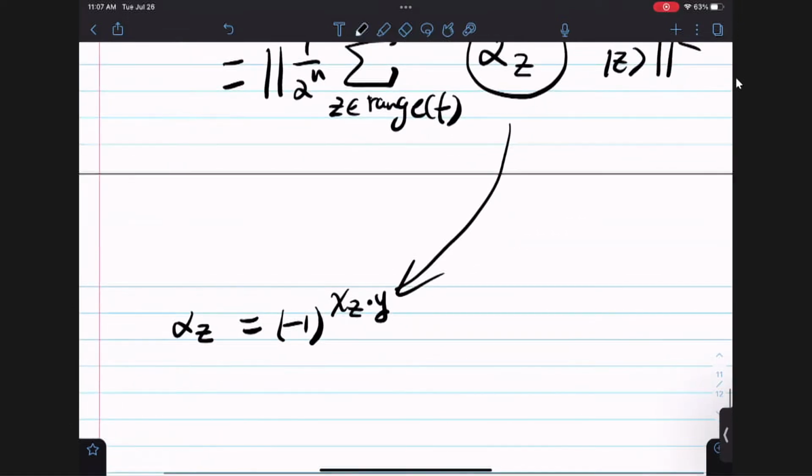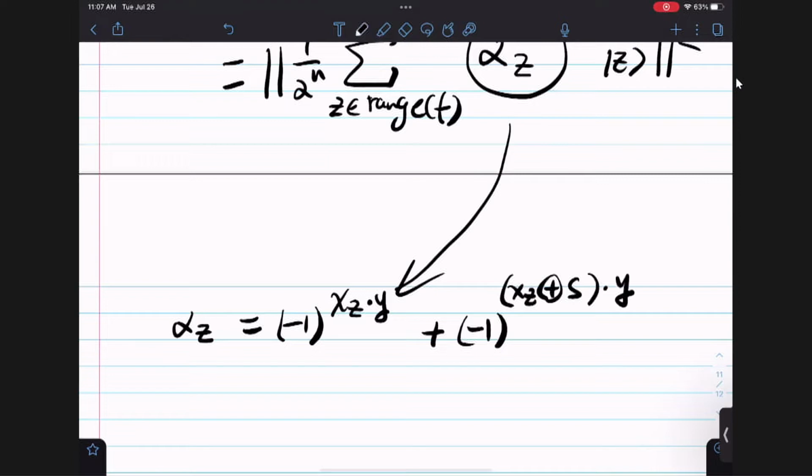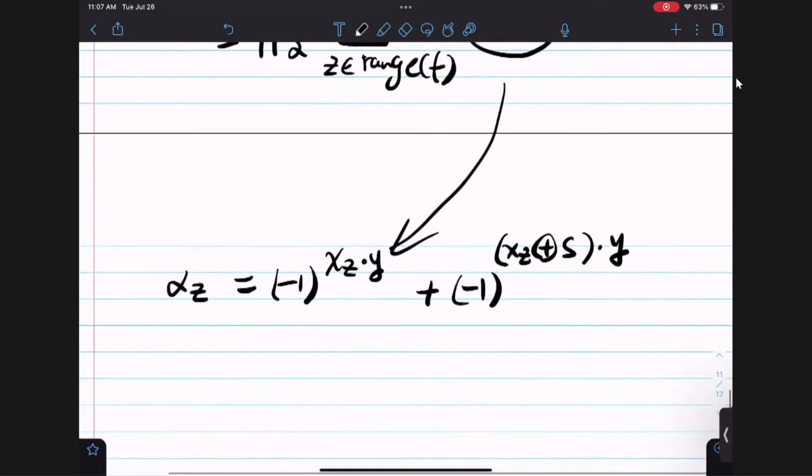Okay, so there are going to be two terms here. I call one of the inputs xz, and then from the promise of this function, we know the other input, which is going to be xz XOR s. These are the two inputs that get mapped to the function value z.